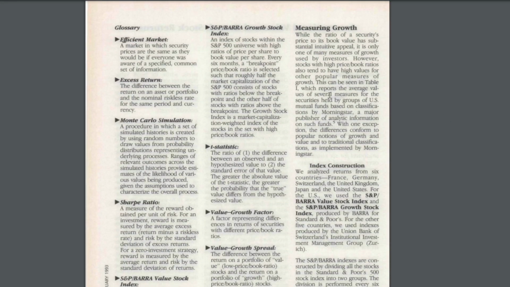So these are just some glossary terms that they go over. An efficient market is where prices just reflect all public and private information. The US economy is in, I think it's called a semi-strong efficient market, meaning that there is some non-public private information that individual investors don't have access to.